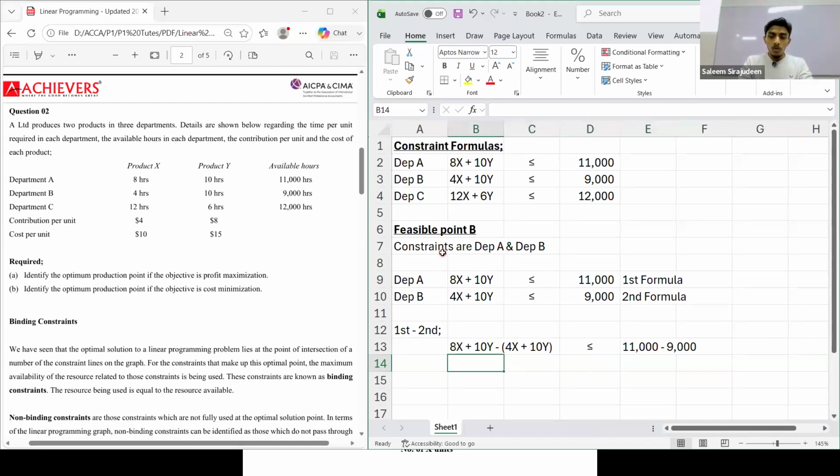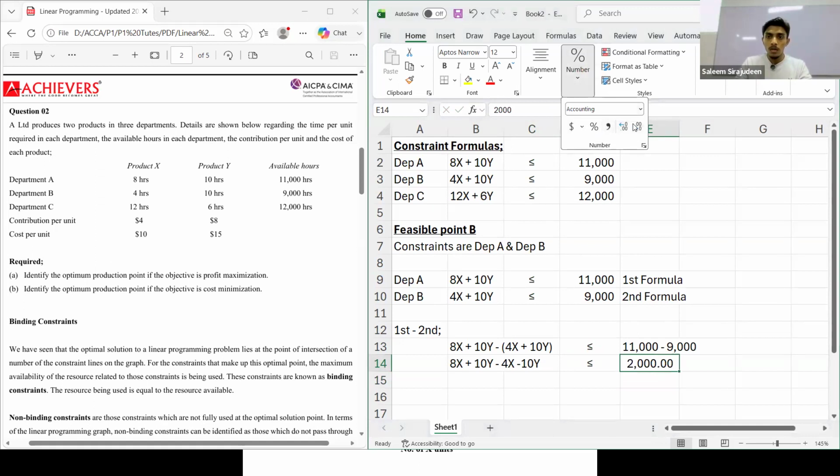Okay. So 8x plus 10y minus 4x minus 10y, it will become equal or less than what? How much? 2,000. Okay, right.